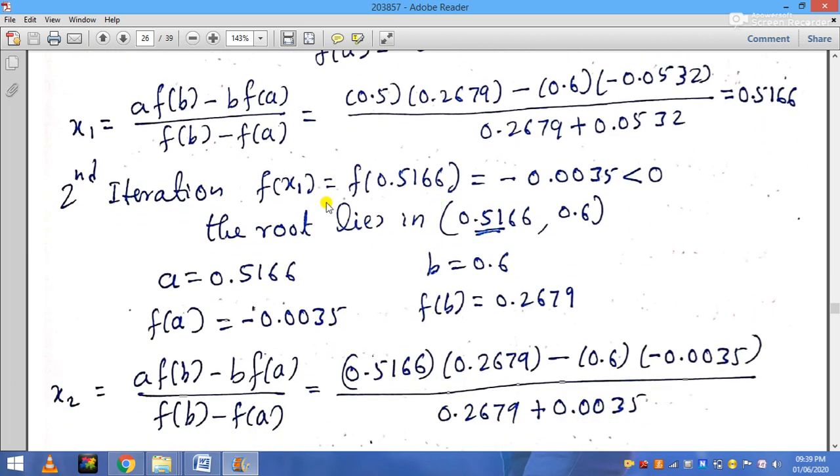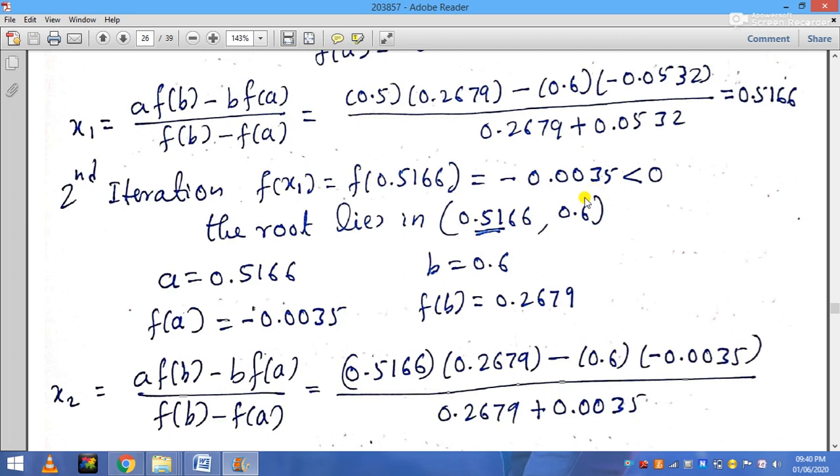Then the second iteration. So put x1 equal to 0.5166 in the given f of x. We get f of 0.5166 is equal to minus 0.0035. It is negative. So if it is negative, then we require one positive value, which can be taken from the previous iteration.